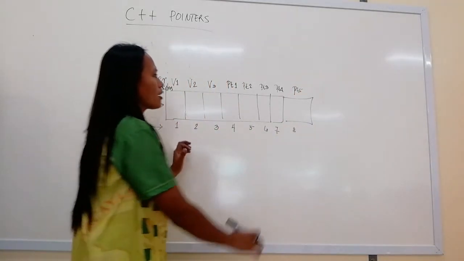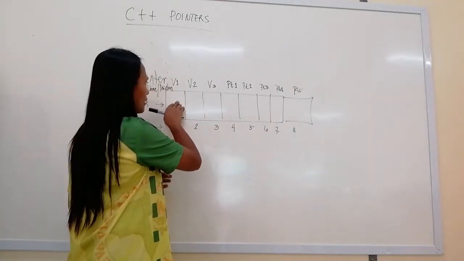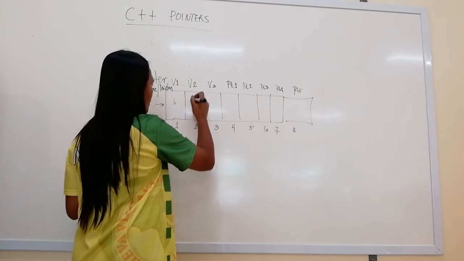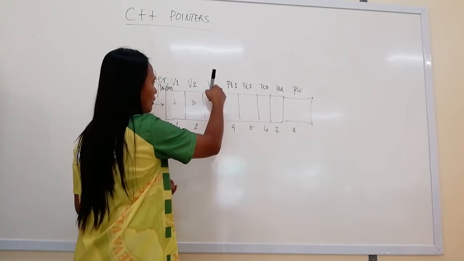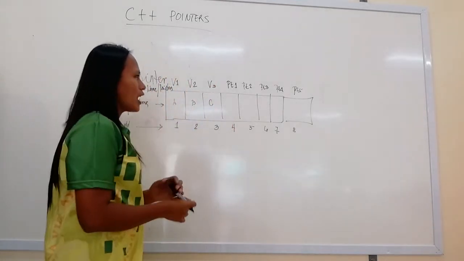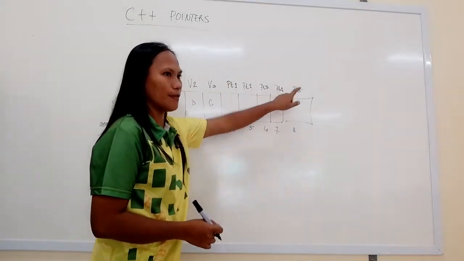Now, we have here the different elements. The element in variable 1 is A, the element under variable 2 is B, and variable 3 is C. Now, how many pointers do we have? 1, 2, 3, 4, 5.